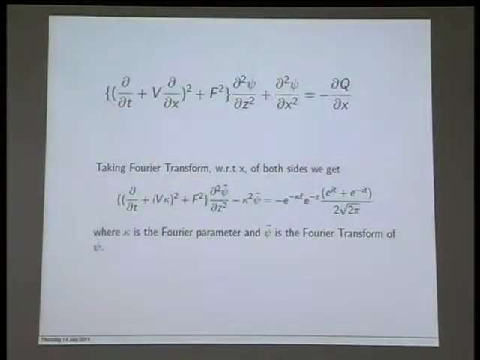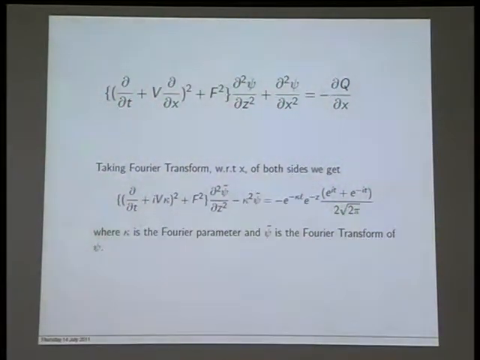Okay, so this is the equation we have. X is from minus infinity to plus infinity, and Z is from 0 to infinity. Take the Fourier transform with respect to X, and you get a system like this.